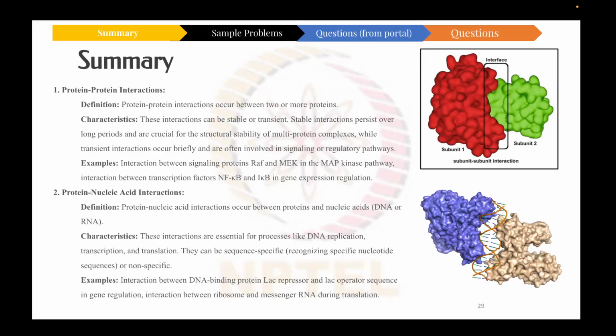Then we have surface plasmon resonance, which measures the changes in refractive index of the surface-bound proteins in response to the binding interactions with its partner protein, allowing for real-time analysis of binding kinetics and affinity. Then we have mass spectroscopy, which can identify protein-protein interactions by analyzing protein complexes isolated from cells or tissues.